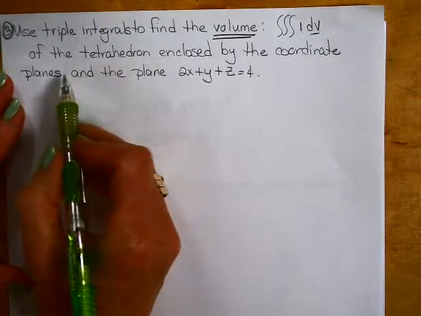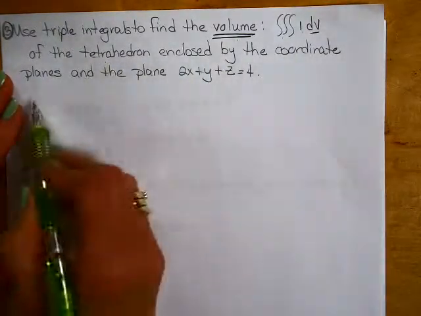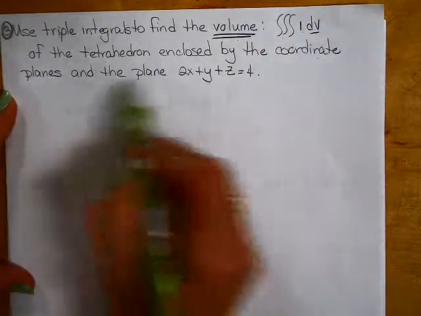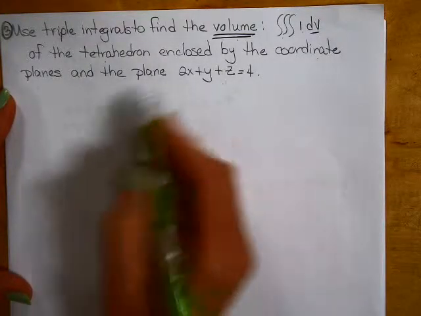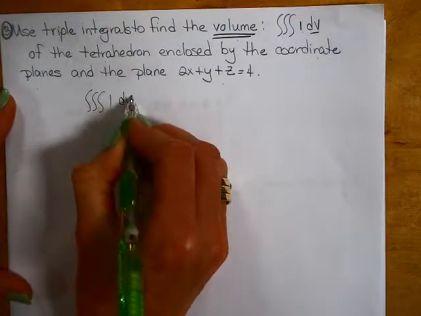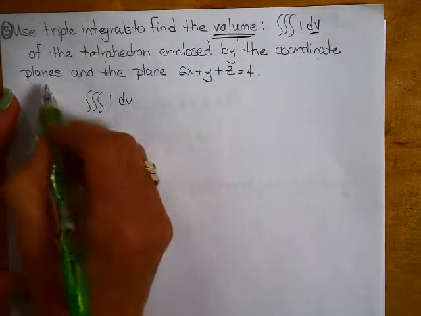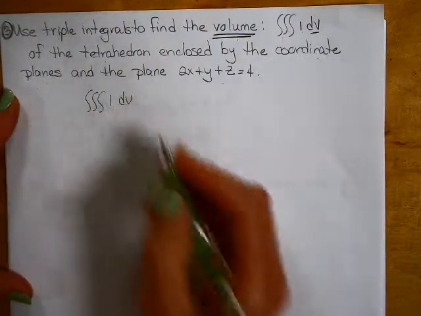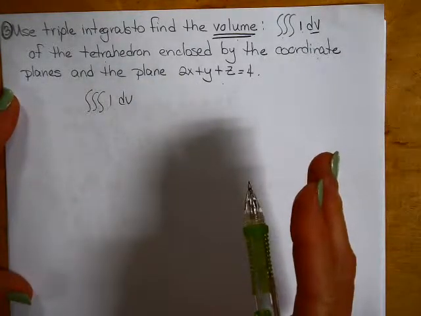Alrighty, so if we're going to use triple integrals to find the volume of this tetrahedron that's enclosed by the coordinate planes and this plane right here, then we are integrating 1 dV. We need our limits of integration for x, y, and z. The coordinate planes means that it's limited just to the first octant.